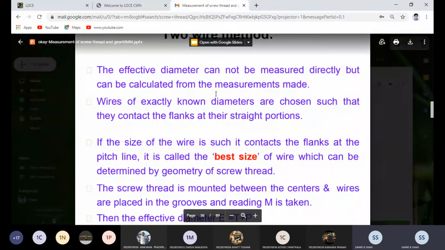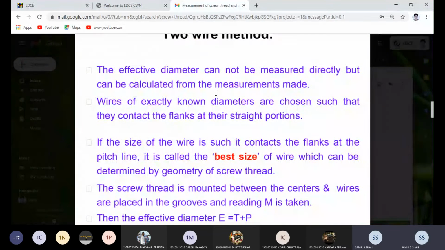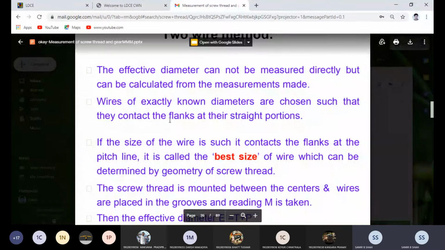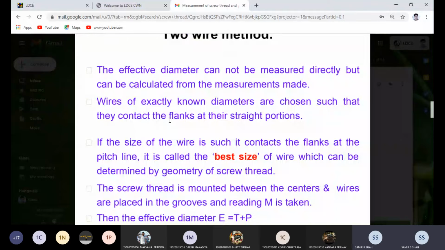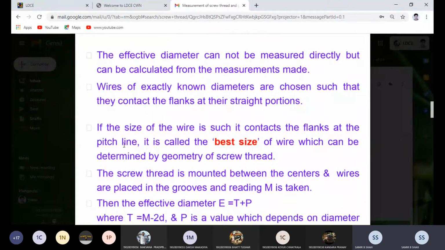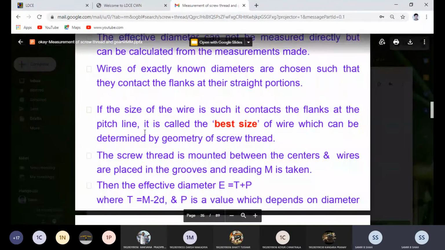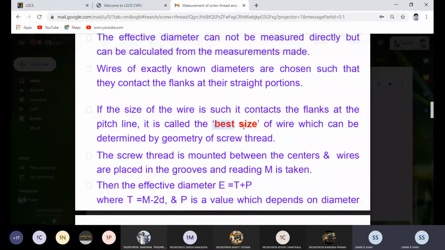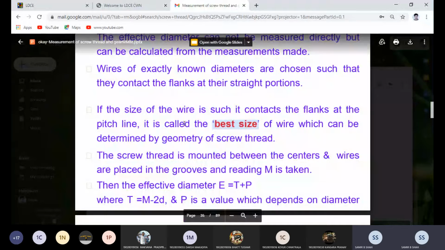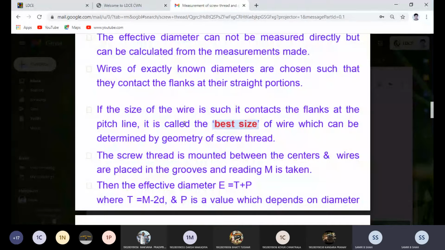It may be measured with some measurement method, like a wire of exactly known diameter that I choose, such that they contact the flanks at the straight portion. If the size of the wire is such that it contacts the flanks at the pitch line, it is called the best size. Okay, if it contacts properly at the pitch line, then we consider it the best size of the wire for our pitch diameter measurement, which can be determined by the geometry of the screw thread.